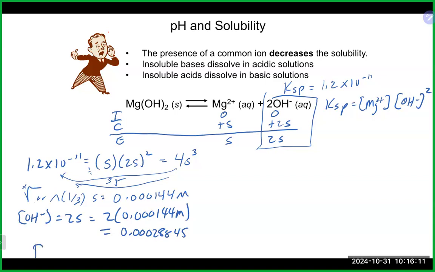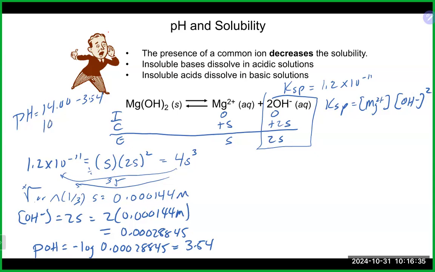That will allow us to calculate the pOH, minus the log of what we just got there. That's going to get us a pOH of about 3.54. And finally, I'll come up here. The pH would equal 14 minus 3.54. Roughly a 10.46 pH.